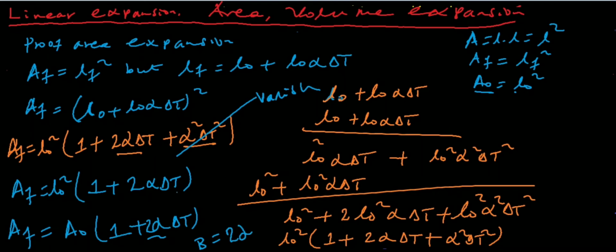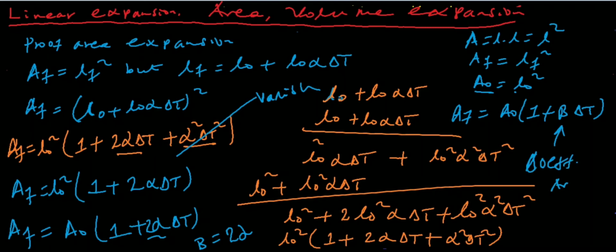So our final AF is equal to A naught into 1 plus beta change in temperature, where beta is the coefficient of area expansion. Now let's prove volume expansion.